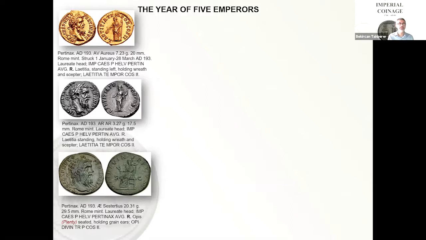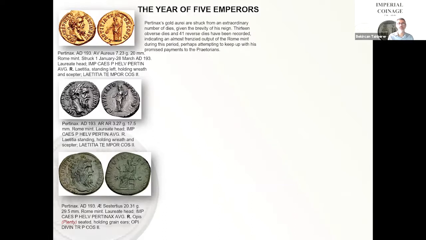After he was assassinated, Pertinax took over. Despite the short reign, he minted an enormous amount of coinage in all three metals.